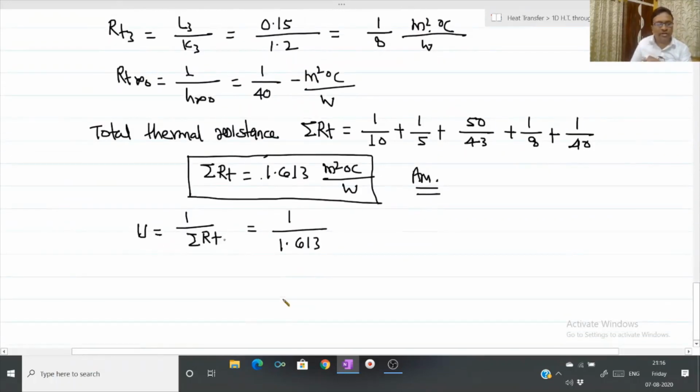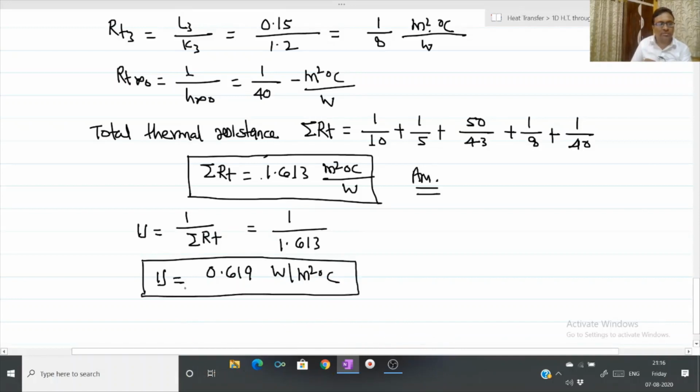The value of heat transfer coefficient U will be 0.619 watt per meter square degree Celsius. So this will be the answer number 1. This will be answer number 2.